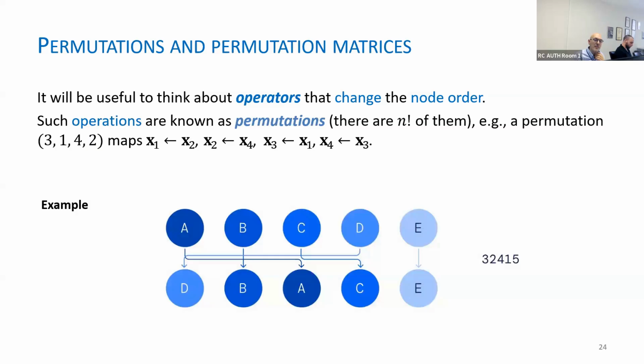This vector is basically the operator that captures the permutation between the first set and the second set. So if we have different sets, we can always represent the relation between these two sets using a permutation vector, like in this case.